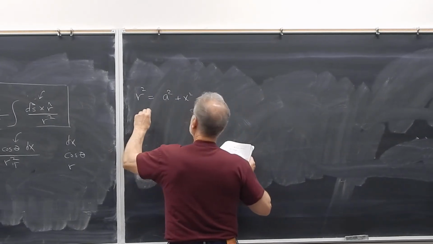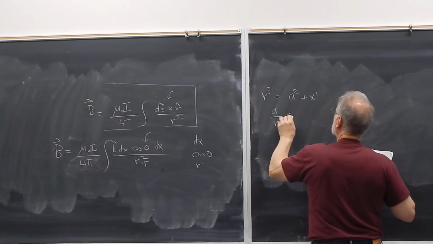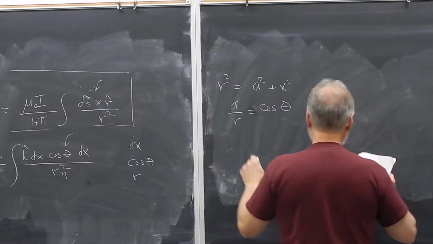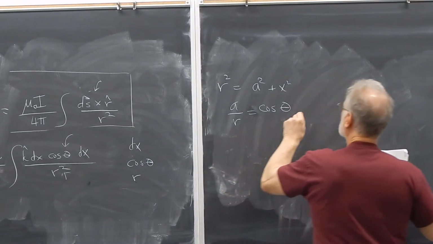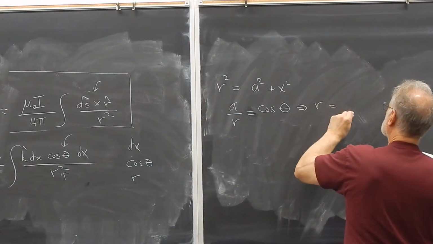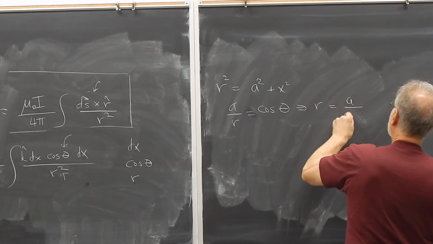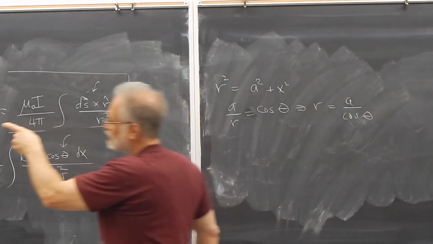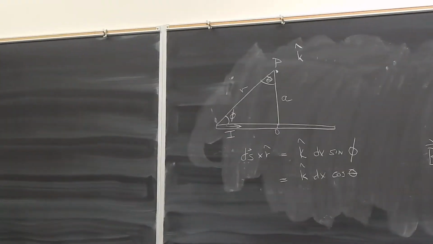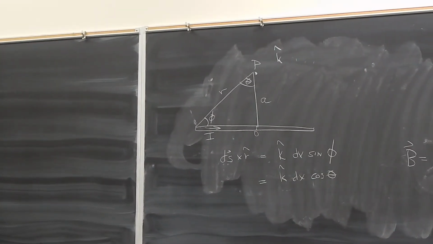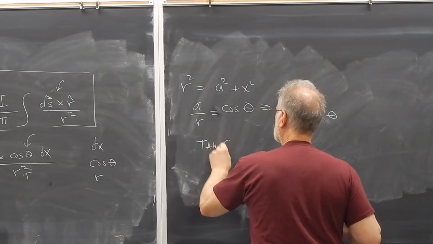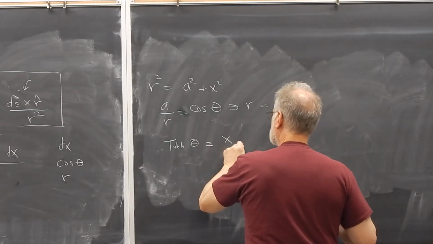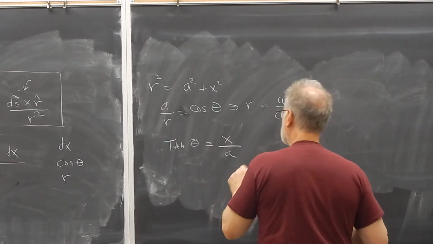I can write A over R as the cosine of theta. I can write then R as equal to A over cosine theta. If I look at the diagram, I recognize that tan theta can be written as x over a.